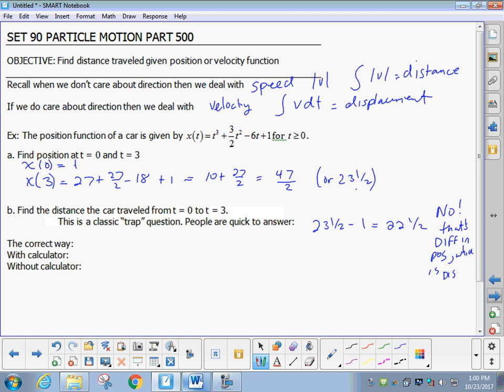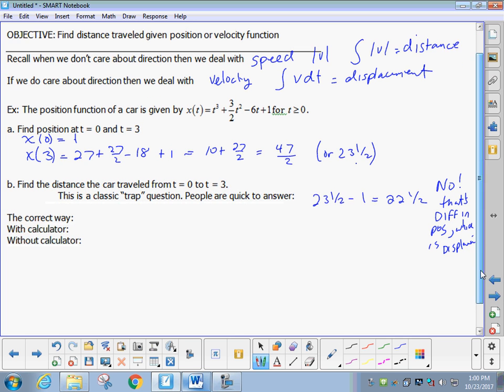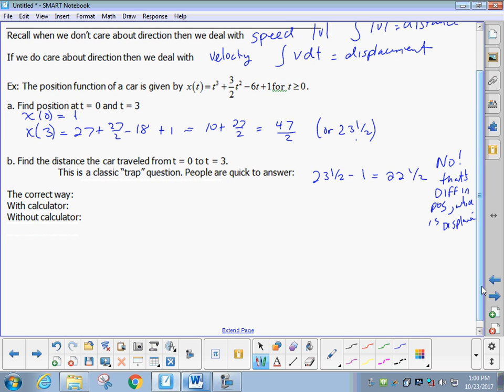Now, if I were sure that it's going forward the whole time, could I say, yeah, that's the distance too? Yeah, but I don't know that because I don't really know what the sign of the velocity is, so I really need to get into this. So, don't fall into the trap and just take the change in the two positions, because that's displacement, not the distance.